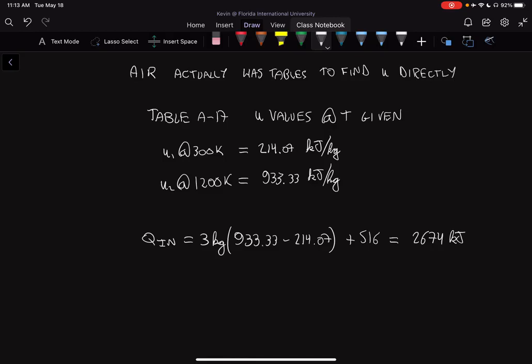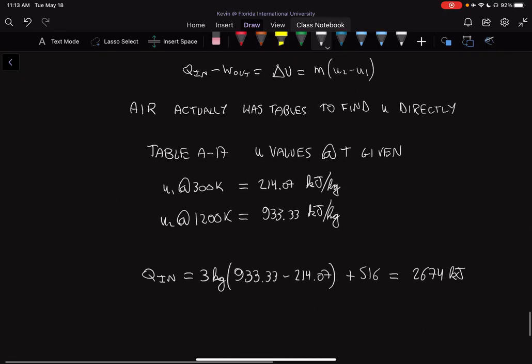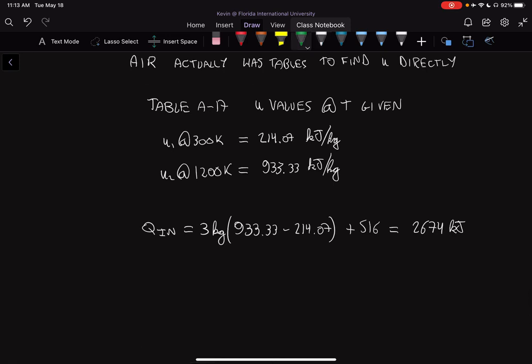So let's compare the two values. One value gave us 2,676. One value gave us 2,674. Which one is more accurate? This one is usually more accurate because we use tables.